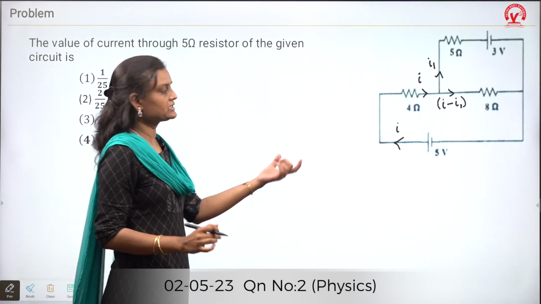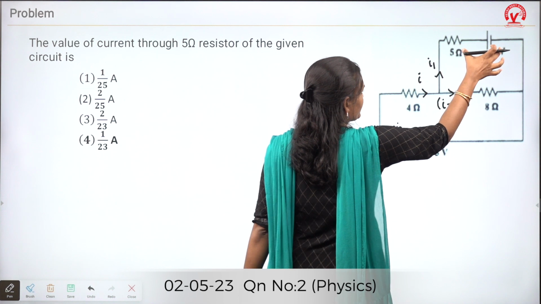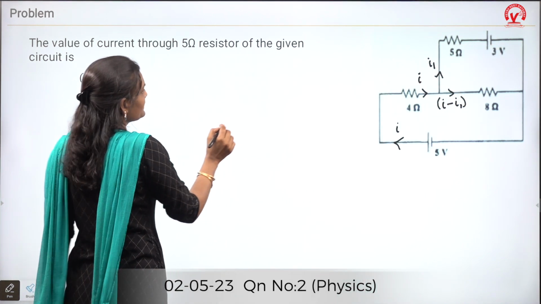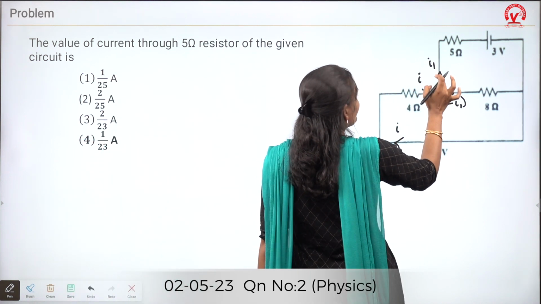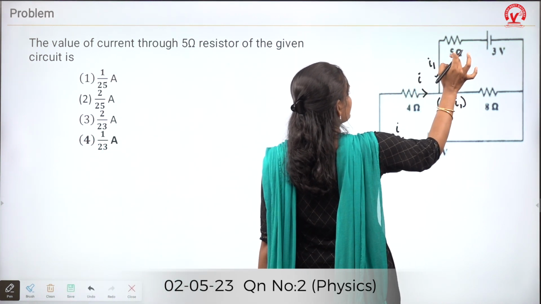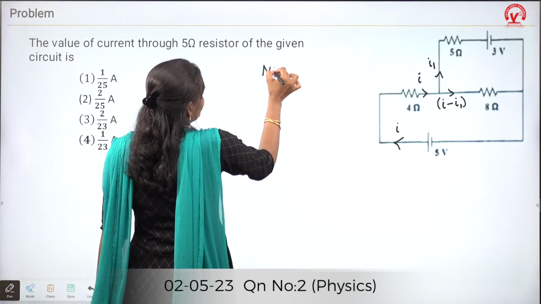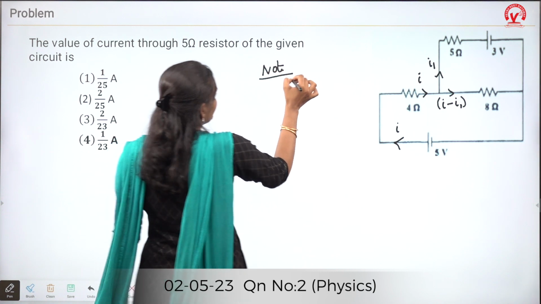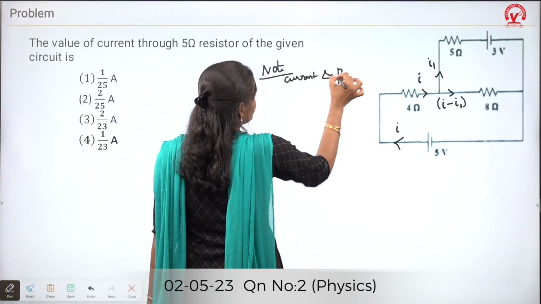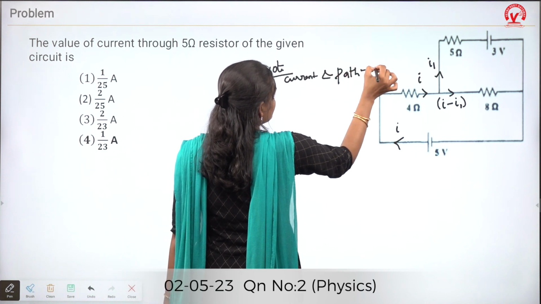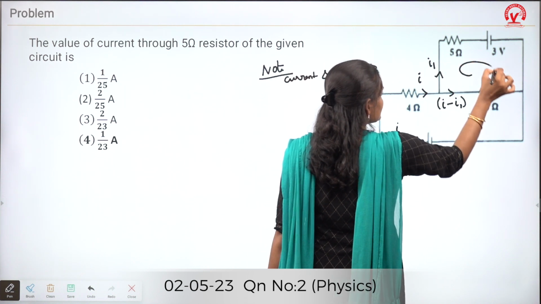Now according to Kirchhoff's second law, I am going to take this first loop and write the equation for it. Here I1 amount of current is flowing in this direction through the 5 ohm. Note that if the current and path are in the same direction, we write a negative sign.